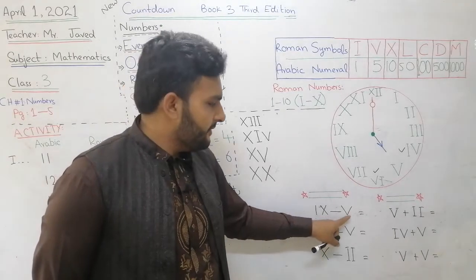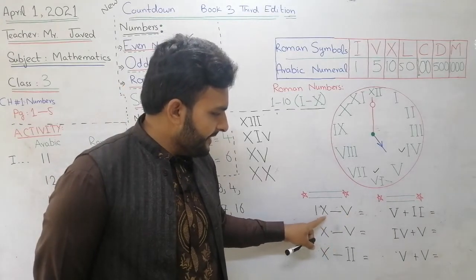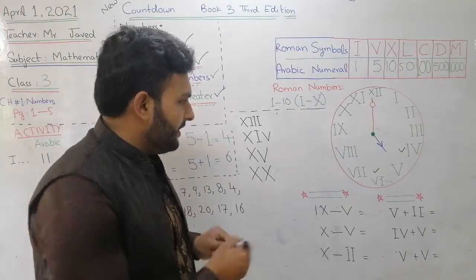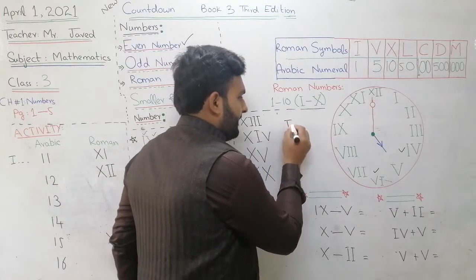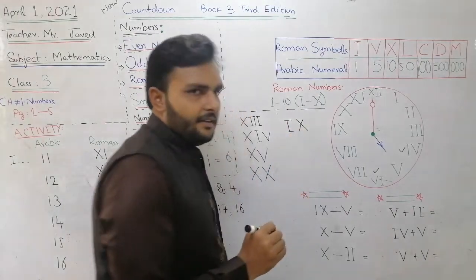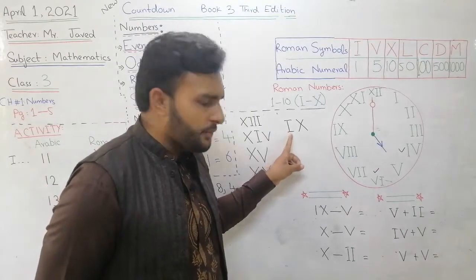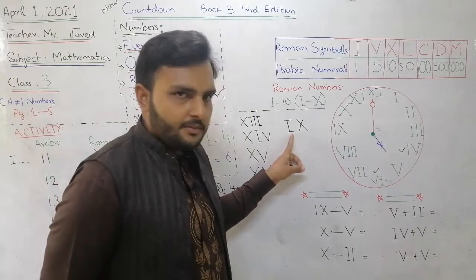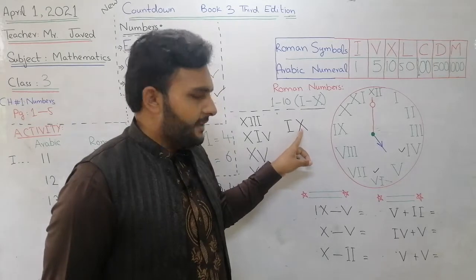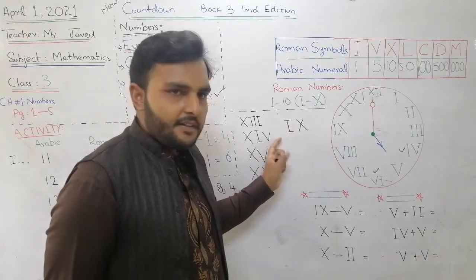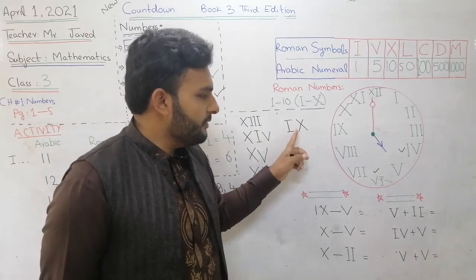Okay, the next activity is here, 9 minus 5. This is 9 here minus 5. I told you about this some time ago, IX. This X is here. Just here, who is smaller? This is smaller and this is greater. When the greater is just next to the smaller, then we will subtract.